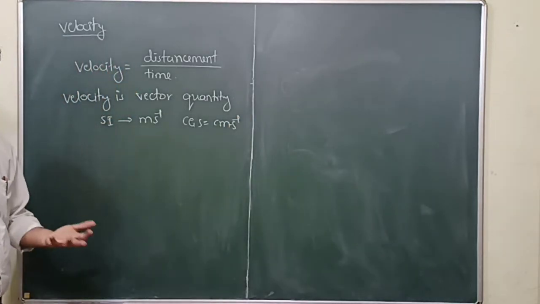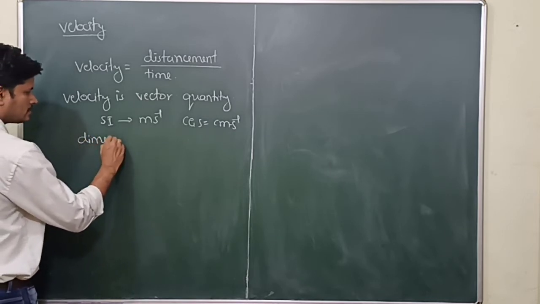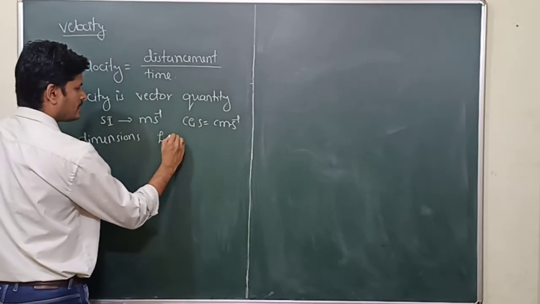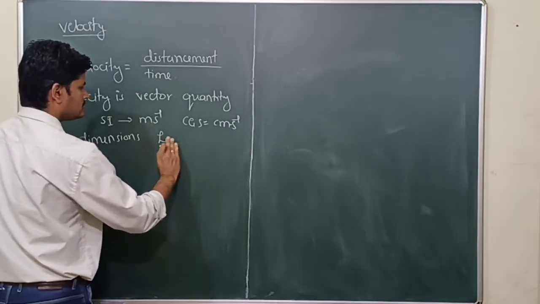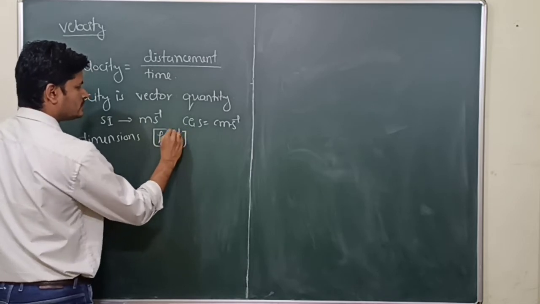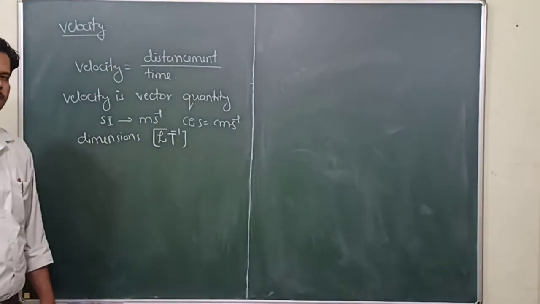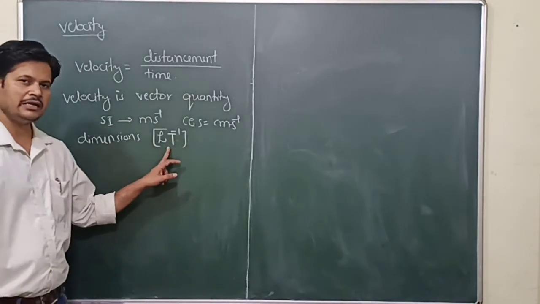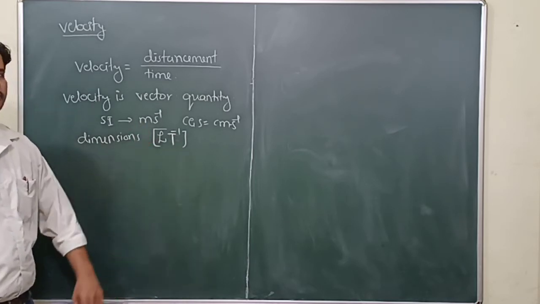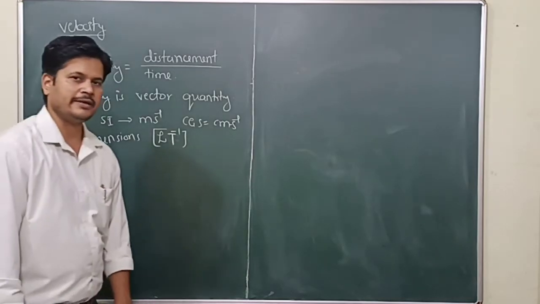And its dimensional formula is L T raised to minus 1, length divided by time. Correct? These are the properties of velocity.